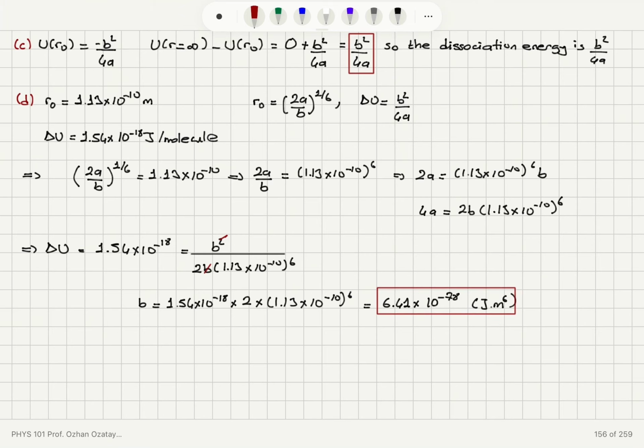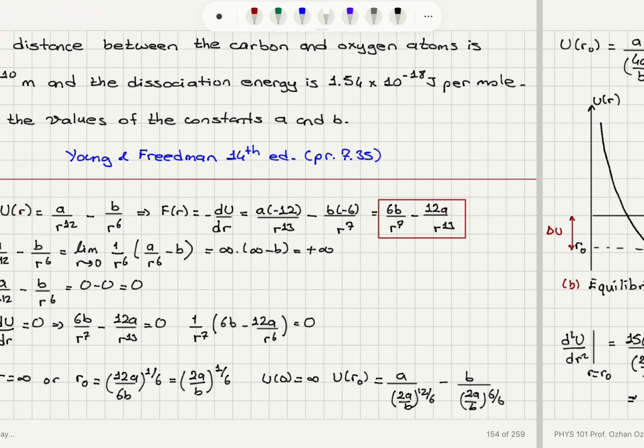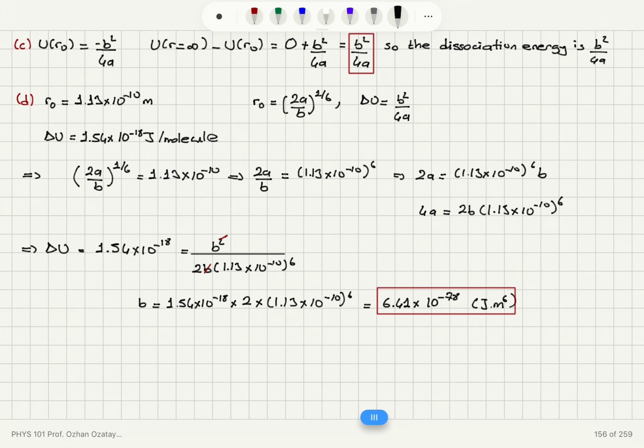Why is the unit joule meters to the 6th power? Go back to the potential energy function. This term has to be in joules. These two are energy terms, so it has to be divided by meter to the 6th. So this has a unit of joule meters to the 6th power in SI.